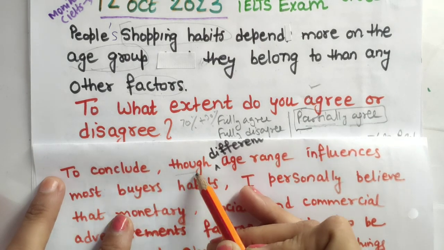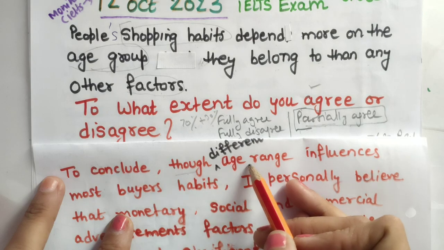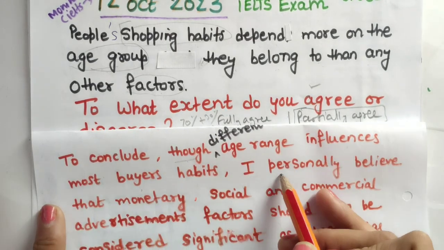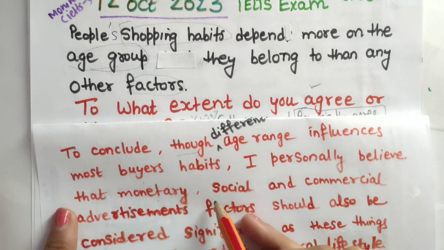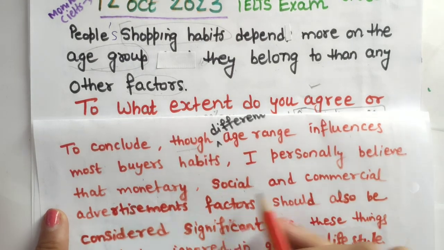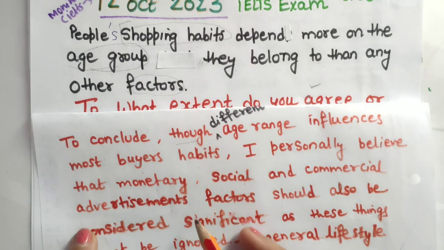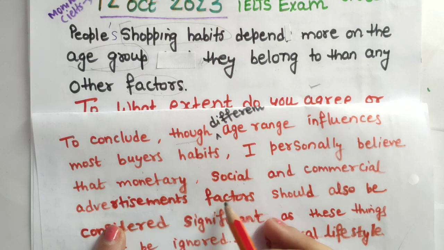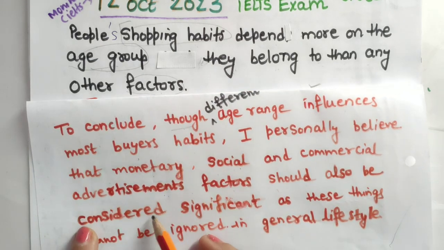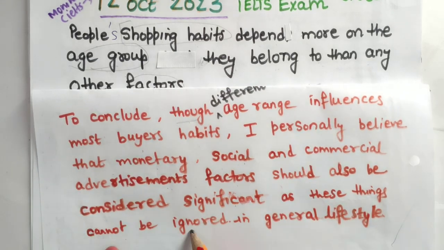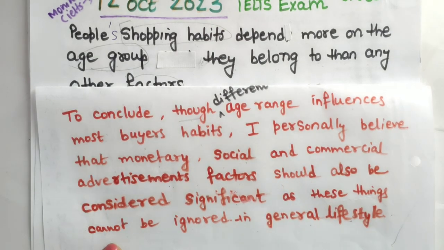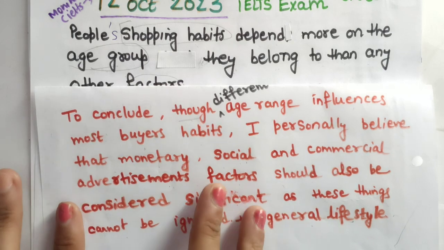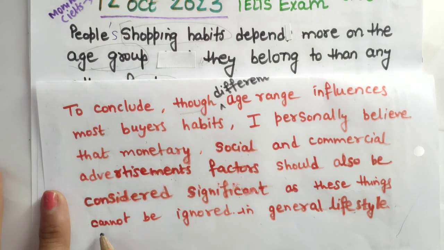To conclude, even though different age ranges influence most buyers' habits, I personally believe that monetary, social and commercial advertisement factors should also be considered significant, as these cannot be ignored in general lifestyle. So this is my conclusion. You can write a simple conclusion, or you can start with to conclude.